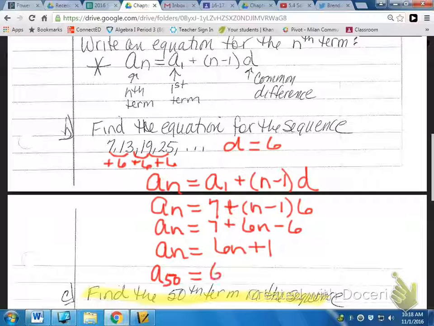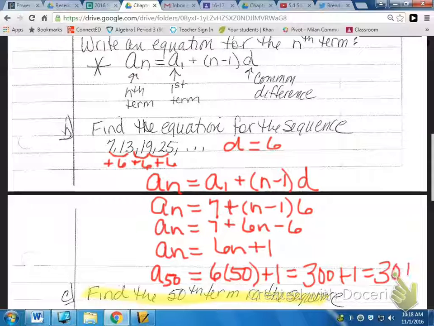Equals 6 times 50 plus 1. You plug whatever term they want in place of n. So the 50th term is 6 times 50 plus 1, which is 300 plus 1, 301. So you're going to have to use the formula, the first term plus n minus 1 times the common difference.